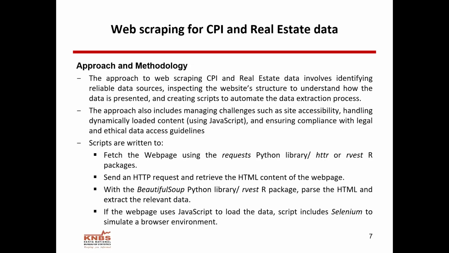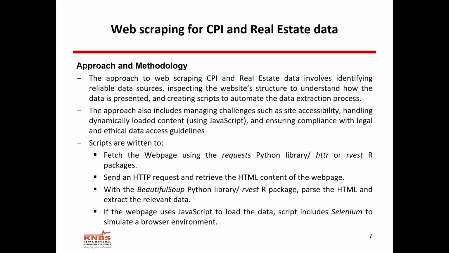The approach includes managing challenges such as site accessibility, handling dynamically loaded content, for example, using JavaScript, and ensuring compliance with legal and ethical data access guidelines, and thus to restrict ourselves to only the information which is available to the public, and also to make sure that we do not interfere with the websites of the organization.